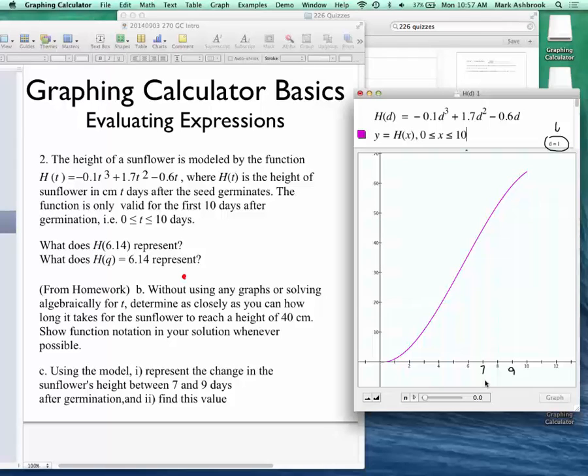Somebody new. Tell me. So this graph tells us something about what's happening at 7 days. How does it do that? Represents an input and an output at a specific point on the graph. Okay, a point, right?